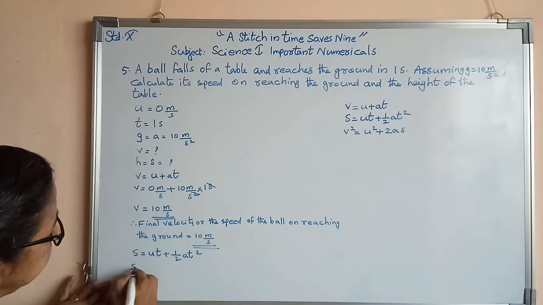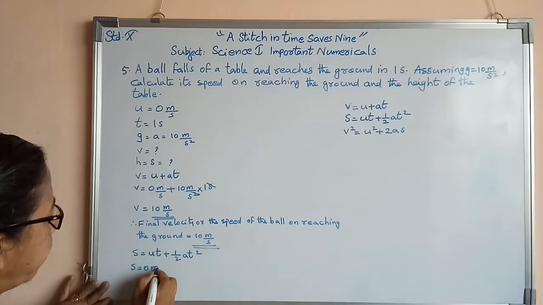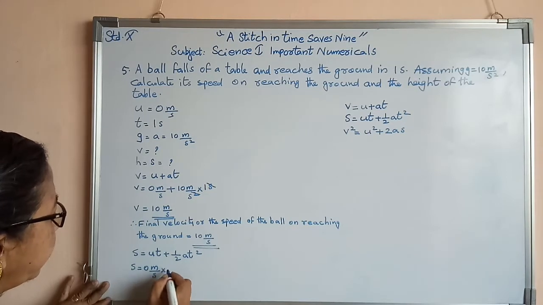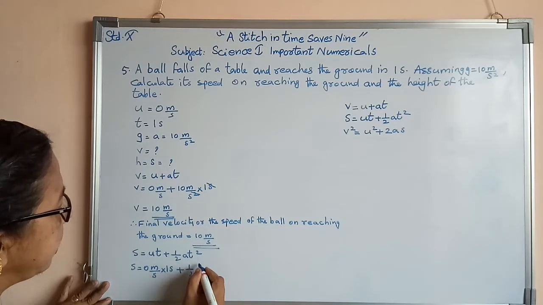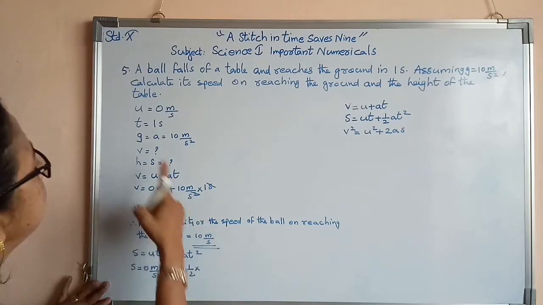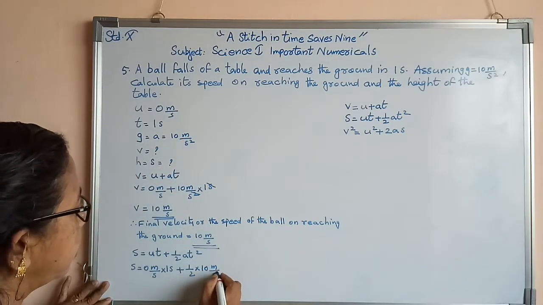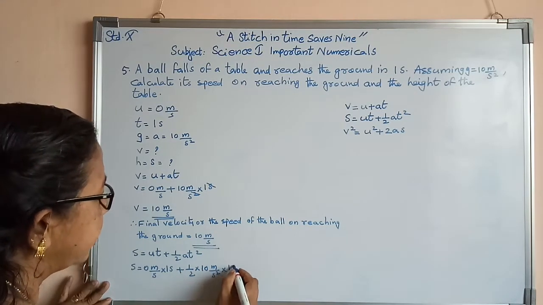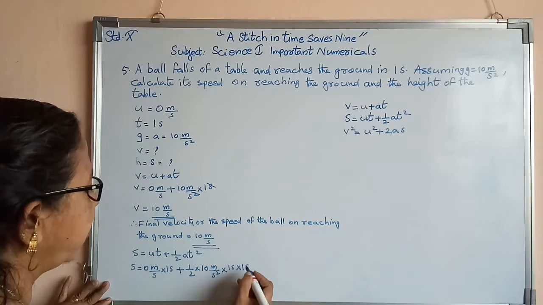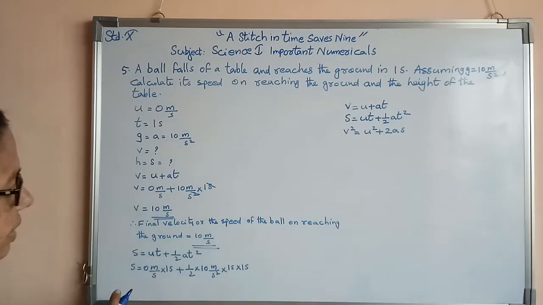Now s is equal to u, initial velocity 0 meter per second, into t. T means 1 second, plus half into a, that means g, that is equal to 10 meter per second square, into t square.